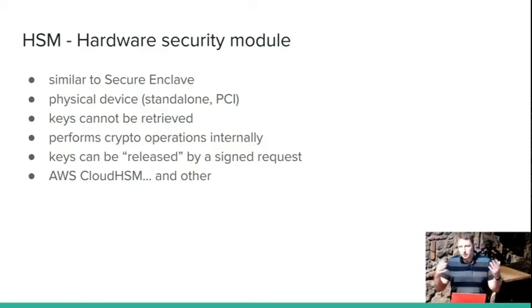So you have some kind of other certificate that you can use on your own server to sign a request, and then send the signed request to the hardware, to this HSM module, and only then it can actually do something with the key. If you don't want to go through this hell yourself, of attaching it and making sure that it works, then you can also use cloud provided HSMs. Like AWS provides one. I also saw that Google and Azure do a very similar thing. So that's also pretty interesting.